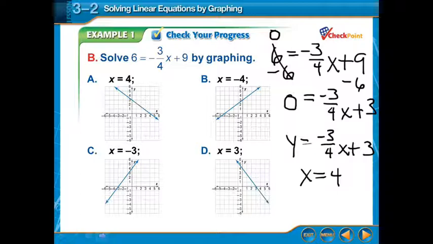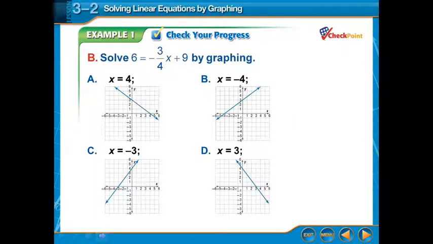And so, of course, on your graph, you know that this is a negative graph in your related function, and that your y-intercept is 3. This is the y-intercept at 3. I know it's a negative graph, and here's my x-intercept at 4. And so my answer would be A.